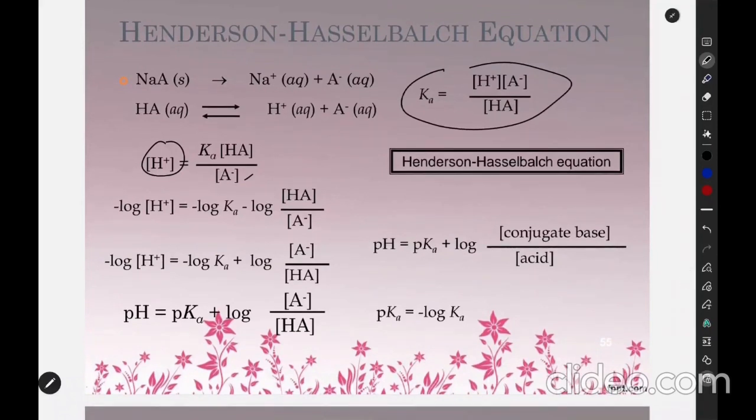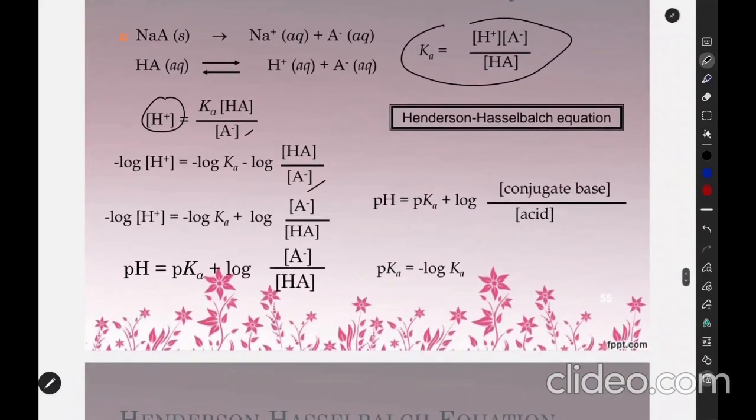Next, since we are going to put pH as the subject, first we need to put log on both sides for the whole equation, which is negative log concentration of hydrogen ion equals negative log Ka negative log of concentration of acid divided by concentration of conjugate base.